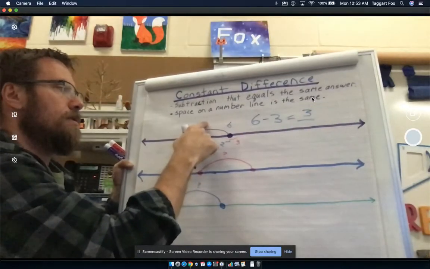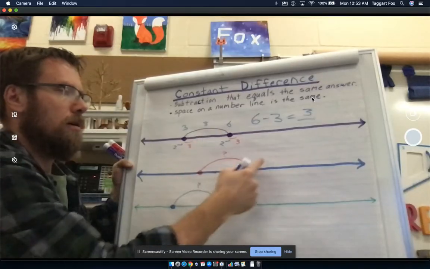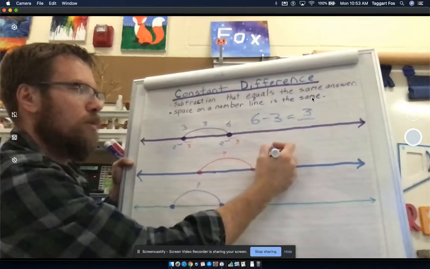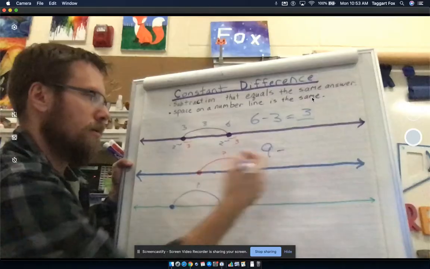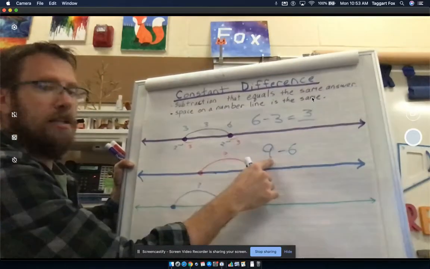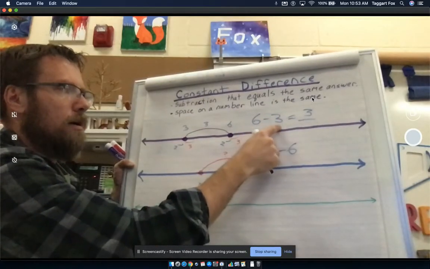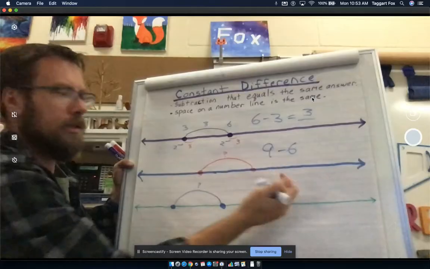So this is a distance of 3. So if I move this up 3, my new problem becomes 9 minus 6. So 6 goes up 3 to get the 9. And then the 3 goes up 3 to get the 6.